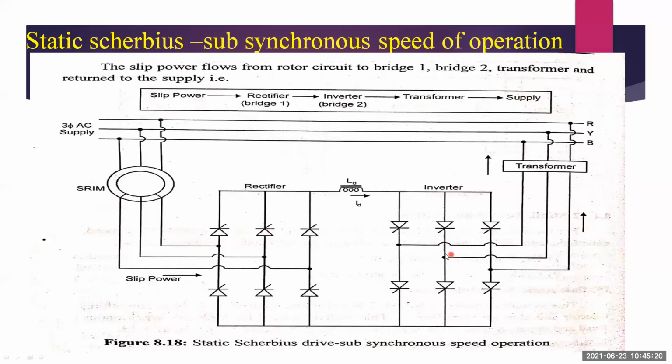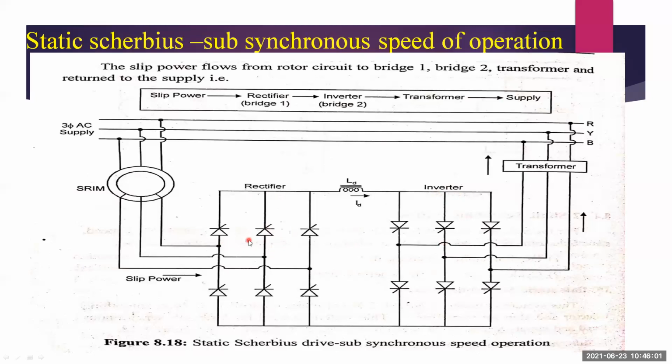In other words, the firing angle of bridge one is less than 90 degrees, whereas the firing angle of bridge two is more than 90 degrees.